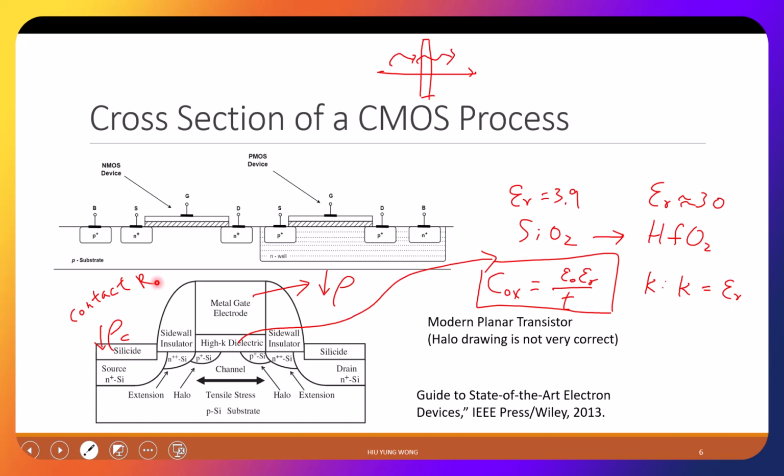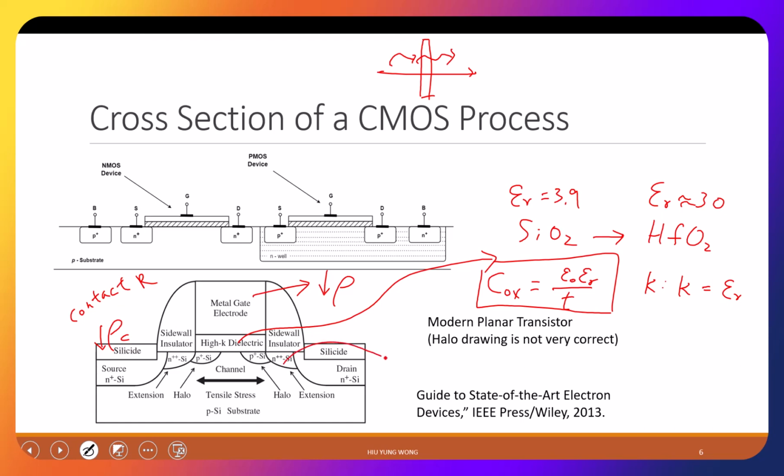Now, besides this, you will also see that besides source and drain, I have some extension here. And somehow they put N++. This really depends, but this extension, sometimes it's actually lightly doped, right?